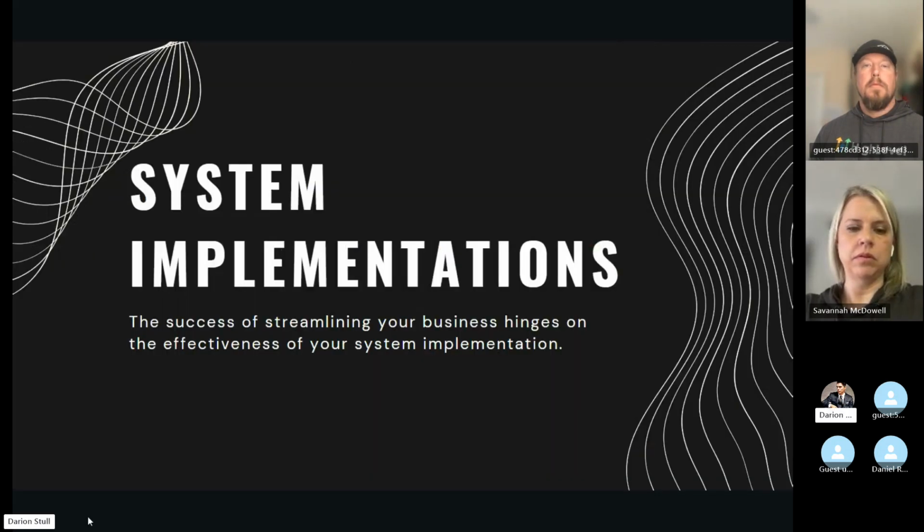All right, system implementations. System implementations is going to be key when it comes to streamlining your processes and having a really good, successful business. To give you an idea, there are four key pillars to having a 7-figure wholesale business, and system implementations is one of them. You've got acquisitions. Talent, putting the right people in the right place.